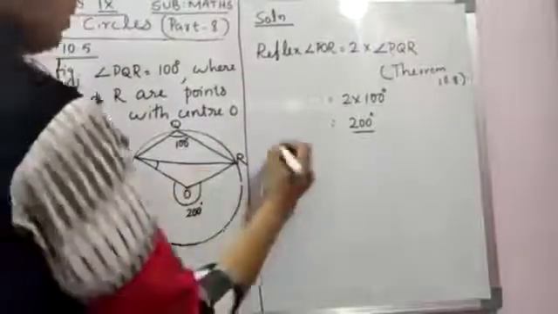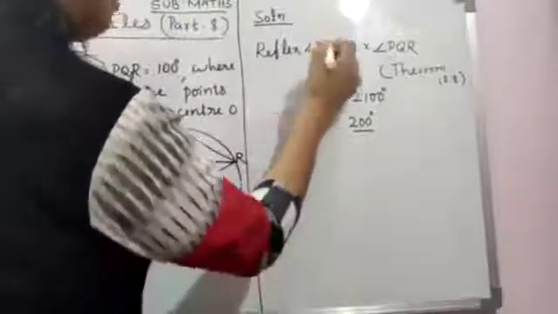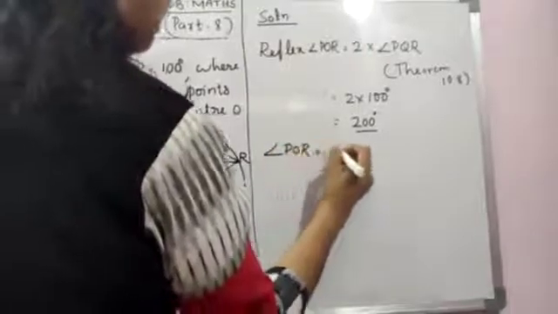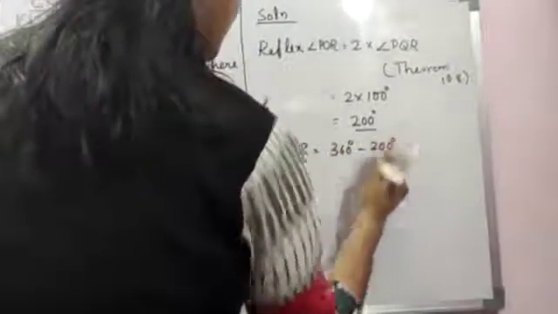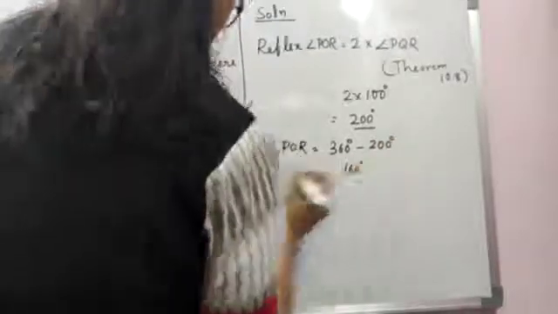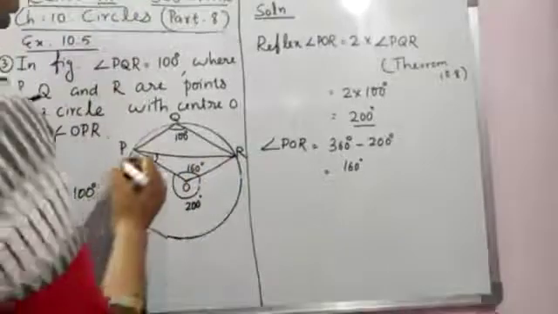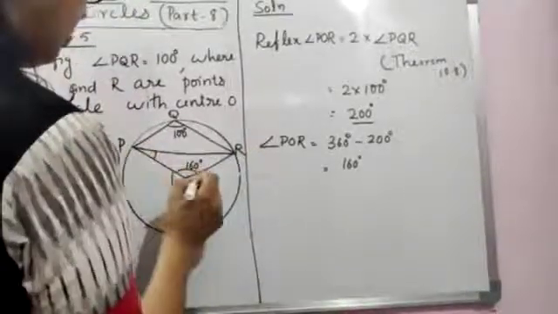Now if reflex angle POR is equal to 200 degrees, then angle POR is equal to 360 minus 200 degrees, that is equal to 160 degrees. That is, this angle you got as 160 degrees. Now in triangle POR, you know that OP is equal to OR.